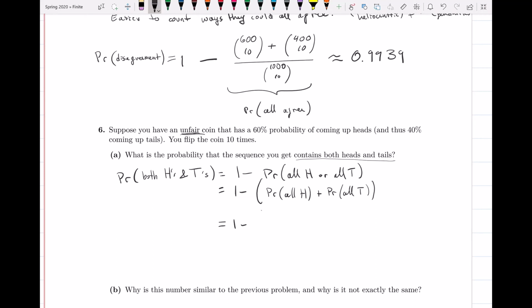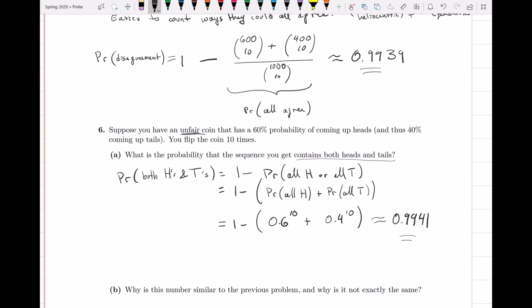So this equals 1 minus the probability of getting a head 10 times in a row, plus the probability of getting a tail 10 times in a row. You plug that into a calculator, you'll get roughly 0.9941. So this is actually very similar to the number we got previously.